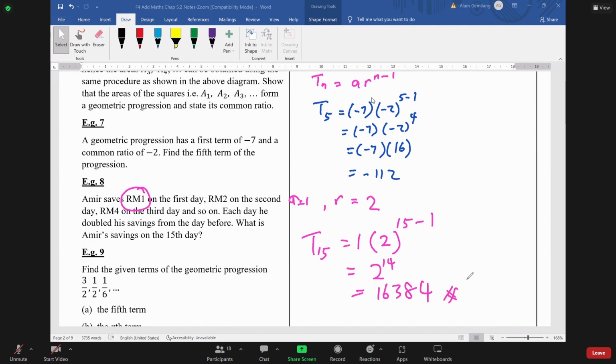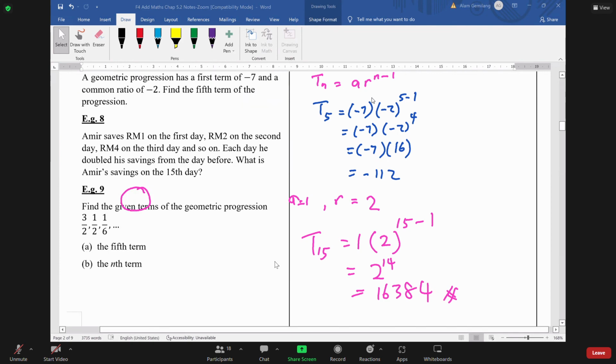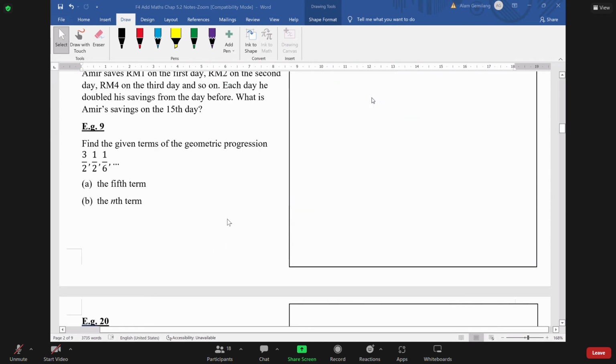Okay. So example 9, find the given term of the progressions. That means you want to find the fifth term and the nth term. So what is the fifth term and what is the nth term?